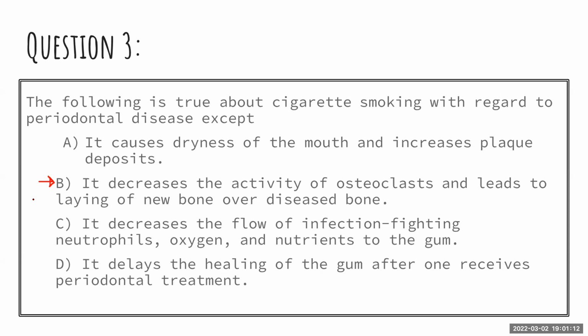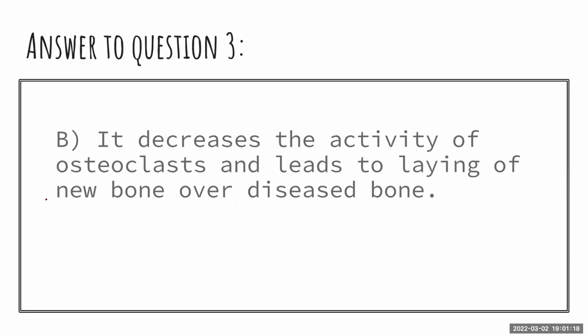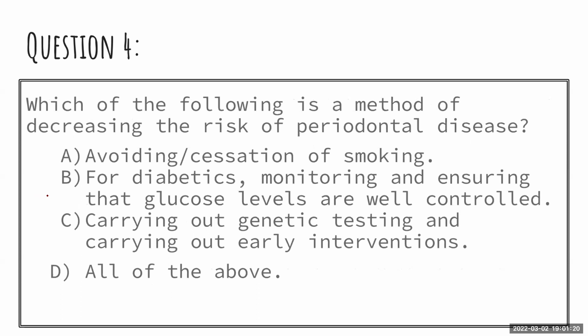Yes, and that's the osteoclast, and that's the bisphosphonate. Okay, what method of decreasing the risk of periodontal disease? Which of the following is a method? All of the above. All of the above.